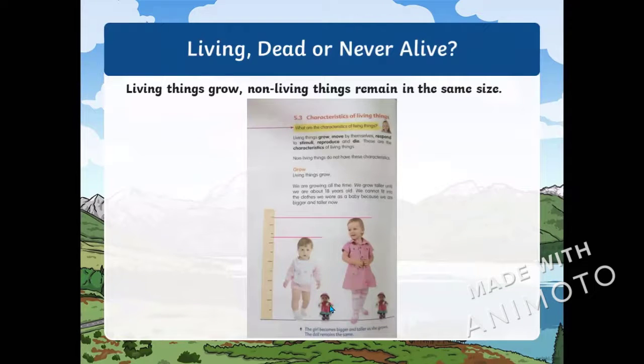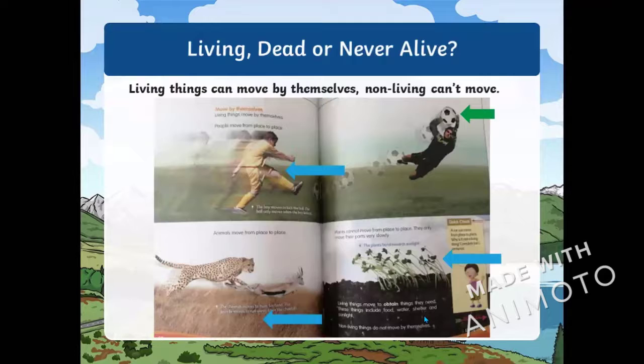But you can also observe here the dolls. The doll actually is the same. It doesn't have any change because it's a non-living thing. It didn't grow. So we have living things in here, the girl, and the non-living thing is the doll.